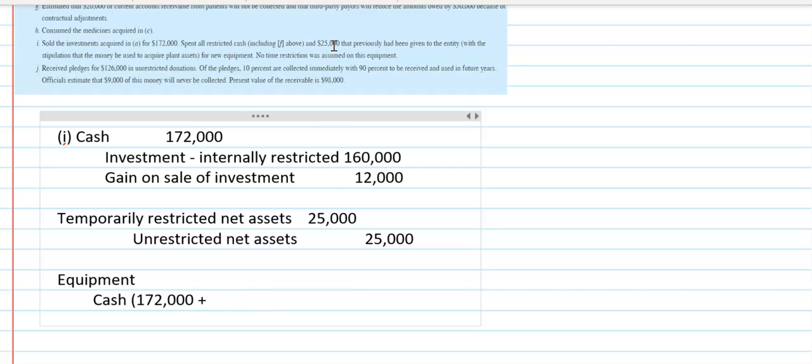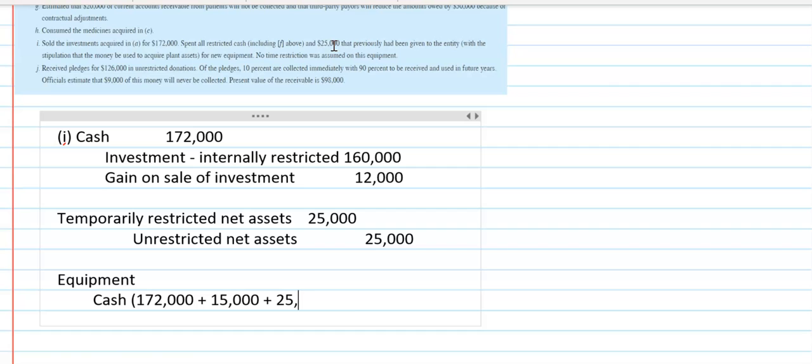Of course, the proceeds from selling the investment, which is 172, plus I'm also spending the money I received from the interest, plus the $25,000 which I already had on the purpose of buying this equipment.